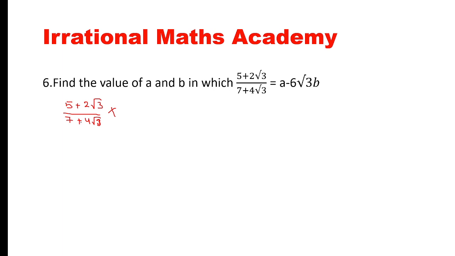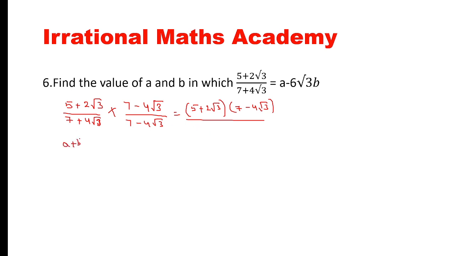Here plus is there, right? So what will we write? Minus. 7 minus 4 root 3 upon 7 minus 4 root 3. What I'll get here: 5 plus 2 root 3 into 7 minus 4 root 3, upon, it is of which form?